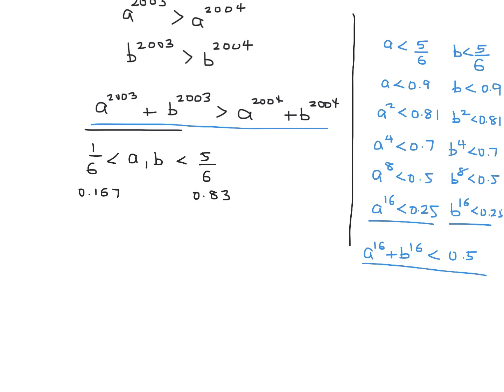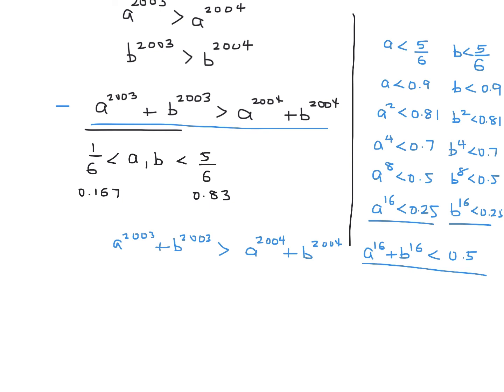Well, according to this logic, if you have a to the power of 2004 here plus b to the power of 2004, that's less than actually a to the power of 2003 plus b to the power of 2003. That's just our finding from up here.